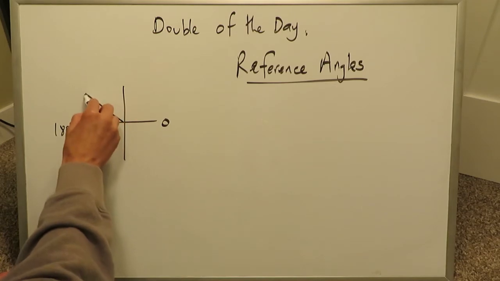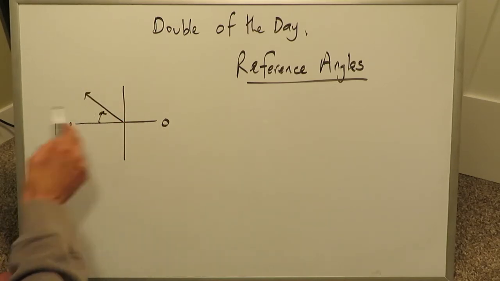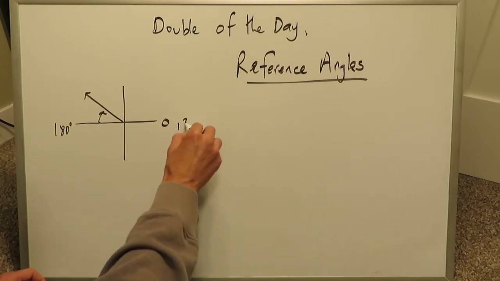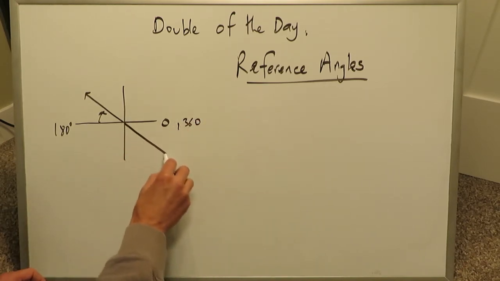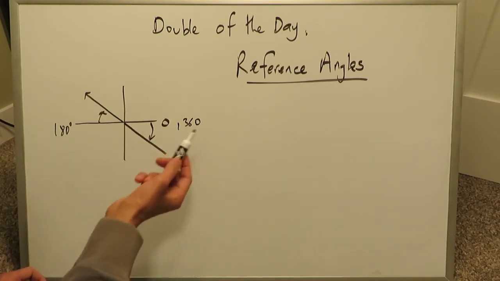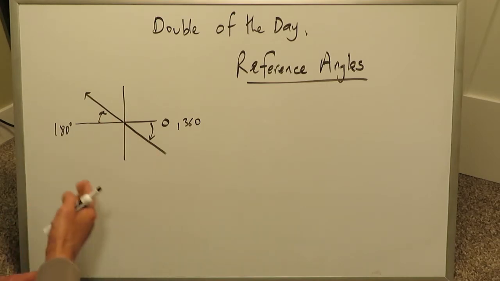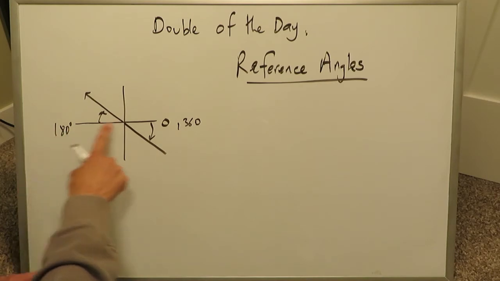If you make a specific angle, you can use either of these, 0 or 180, with reference to that. You can even add in a 360. For an angle in the fourth quadrant, you can use 360 as a reference horizontal, or you can use 0. It doesn't matter.